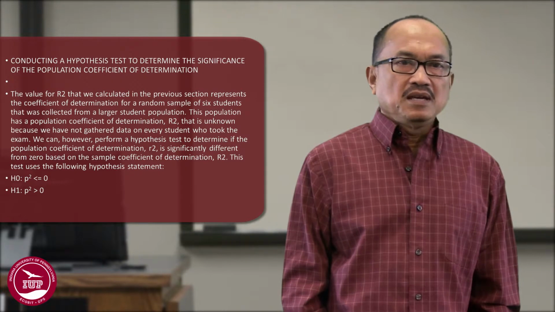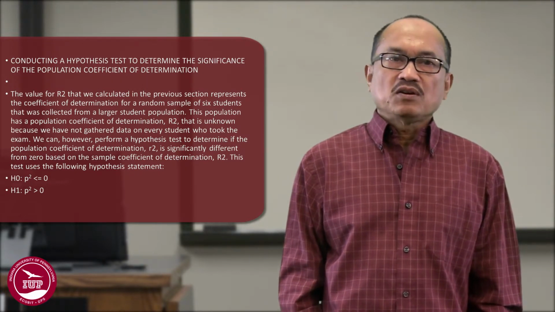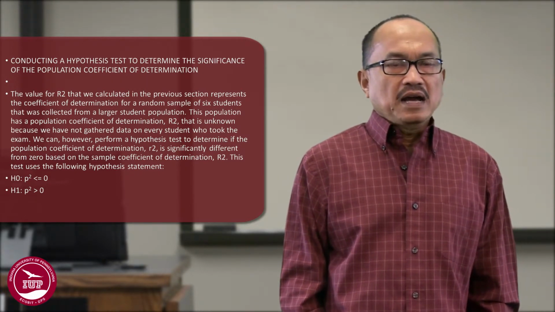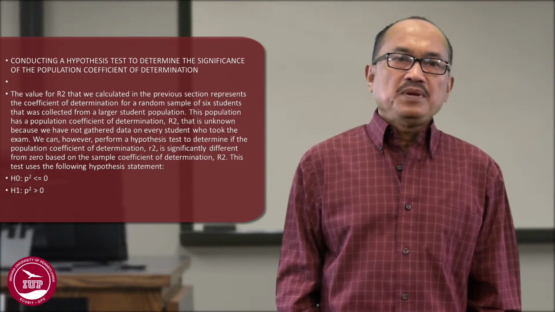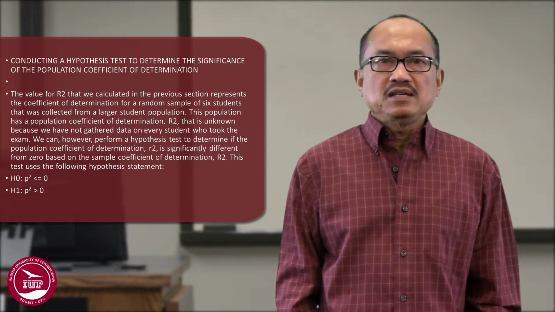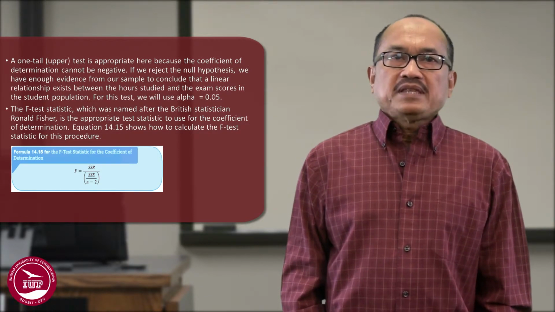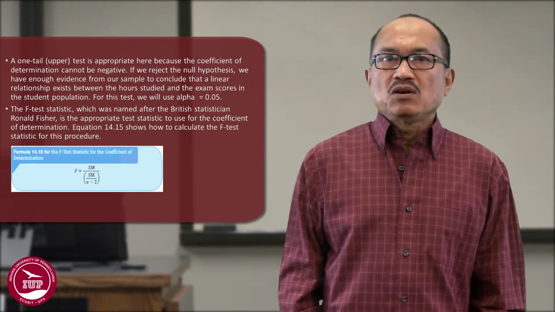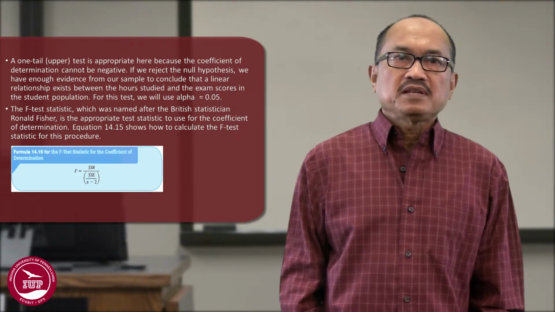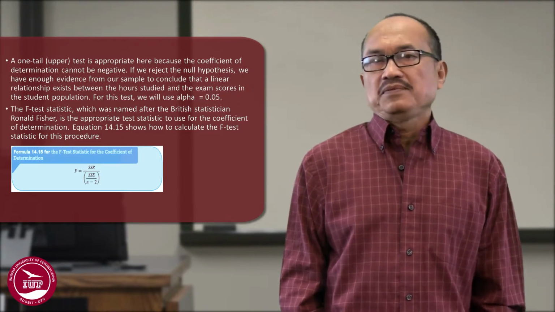Null hypothesis: rho squared less than or equal to 0, and alternative hypothesis: rho squared greater than 0. A one-tailed or upper test is appropriate here because the coefficient of determination cannot be negative.